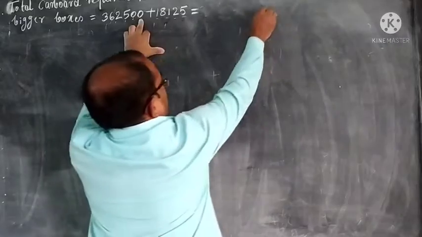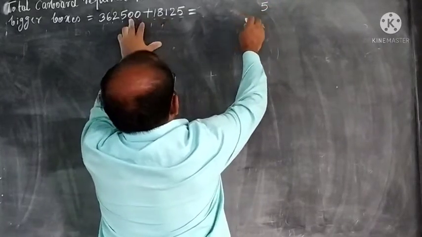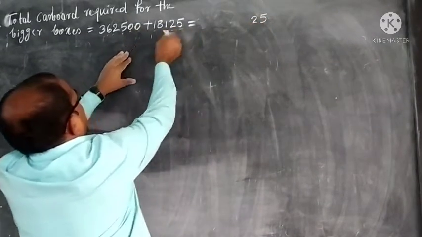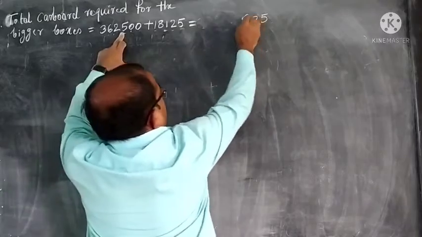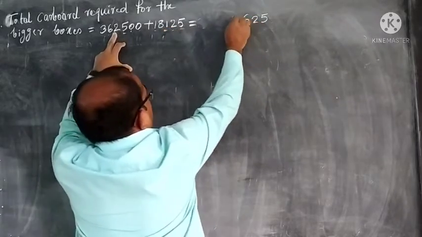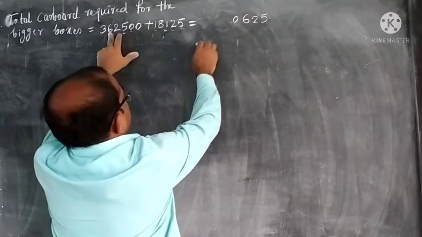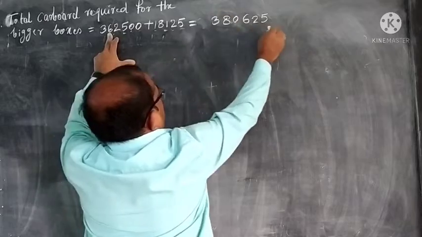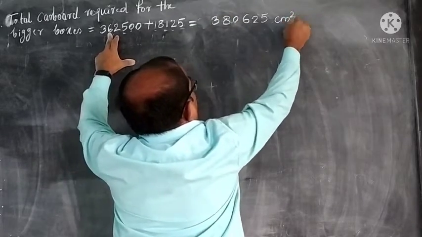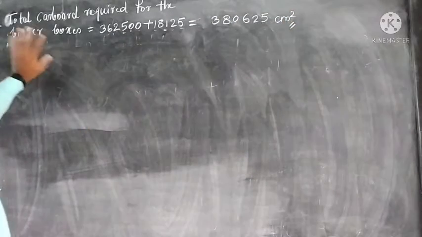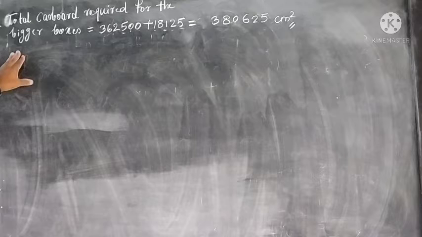We add: 3,80,625. This centimeter square, this much is needed for 250 bigger boxes.